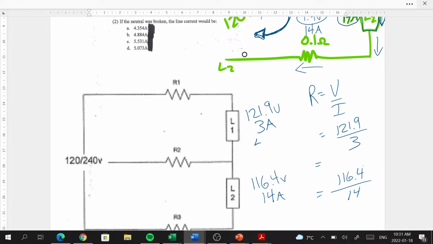So this is going to be 40.6 ohms, which makes sense. It's got a high resistance, so it's limiting our current to 3 amps. And load 2 is going to be 116.4 divided by 14. And this is going to be made up of a very low resistance relative to load 1, which makes sense because our current is quite high.